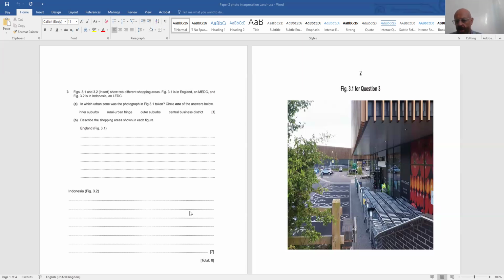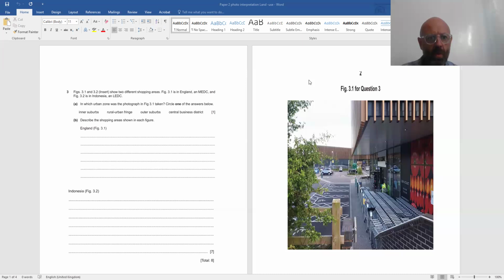Okay. And there's another large building in the background. Okay. So what are we looking at here? It's asking us, where would we find this in an urban area? Would we find it in the central business district or the inner suburbs? Or could we find it on the outer suburbs or on the rural urban fringe?